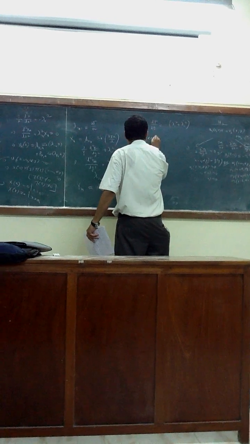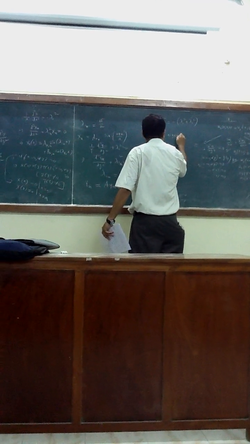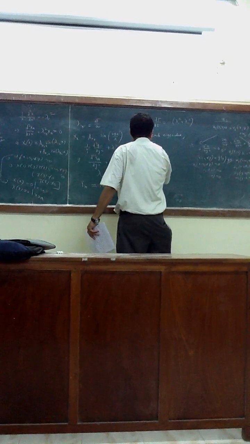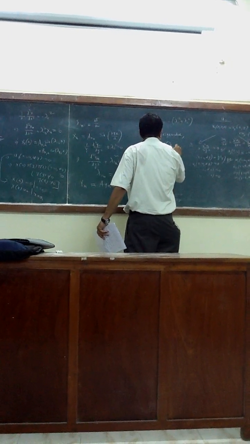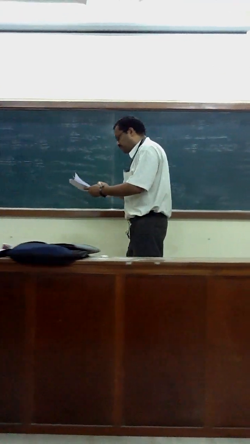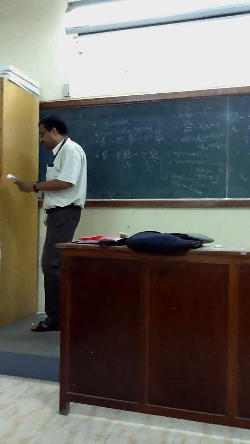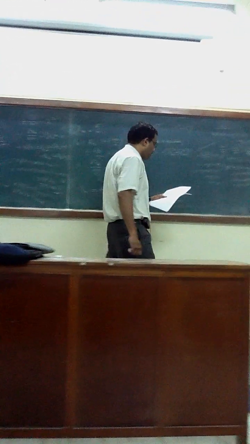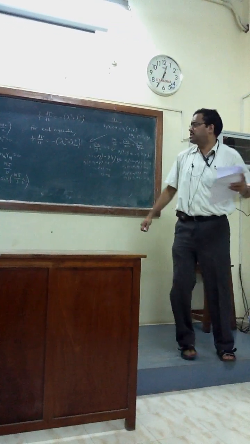For each eigenvalue, it will be 1 by T dT/dt equals to minus lambda 1n square plus lambda 2m square. Right? Am I correct? So if you integrate, what do you get?